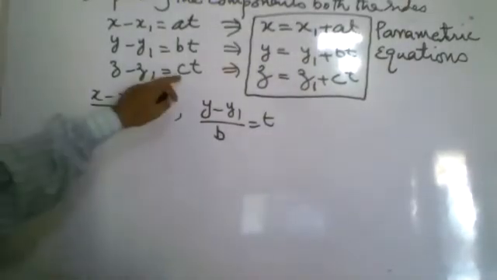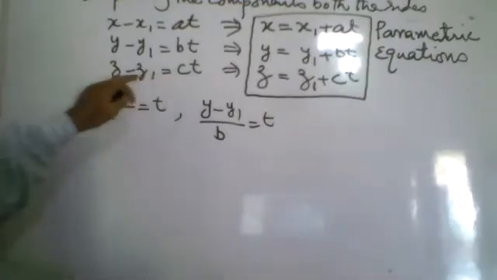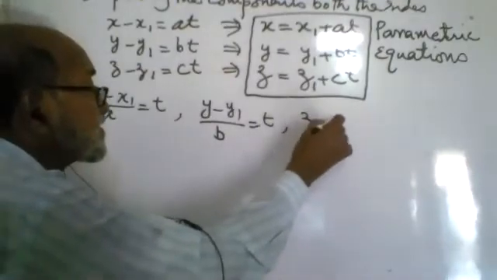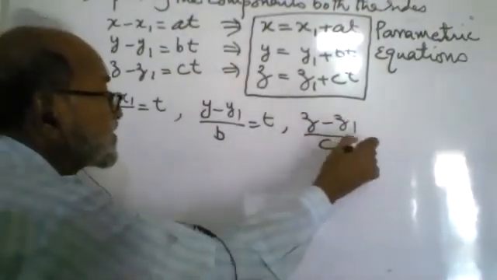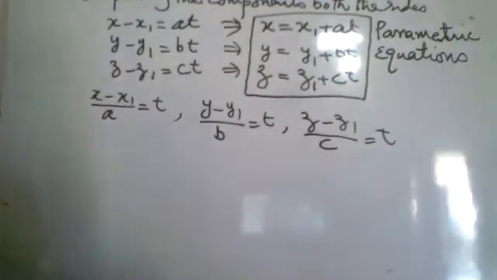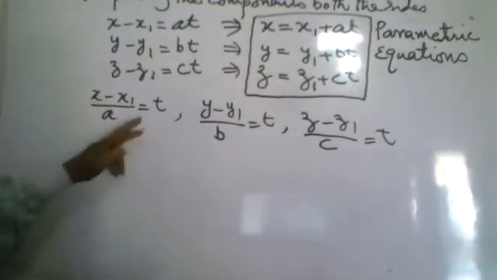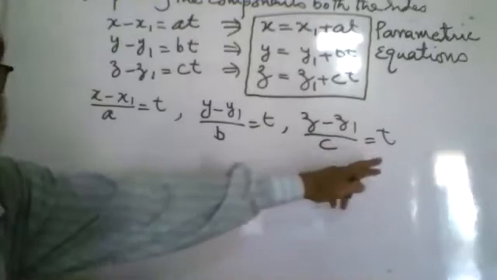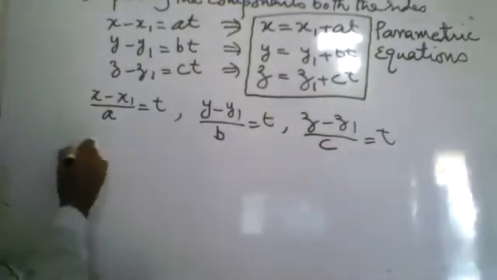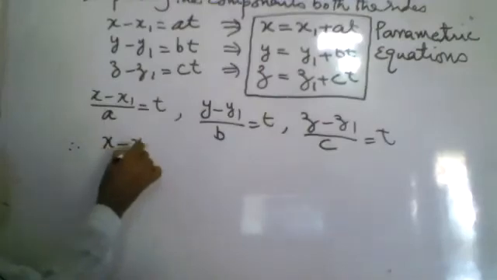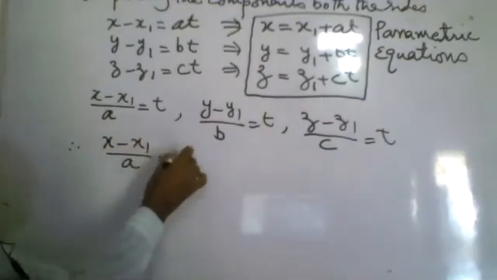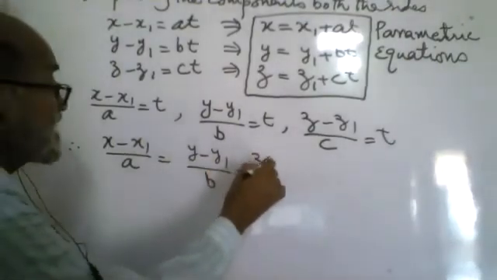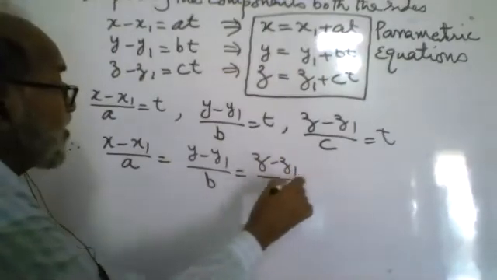In the same way, the third one, z minus z1 divided by c is equal to t. So all are equal to t. This one is equal to t, this one is equal to t, this one is equal to t. That means all are equal. So therefore, x minus x1 upon a is equal to y minus y1 upon b is equal to z minus z1 upon c. All are equal to t.